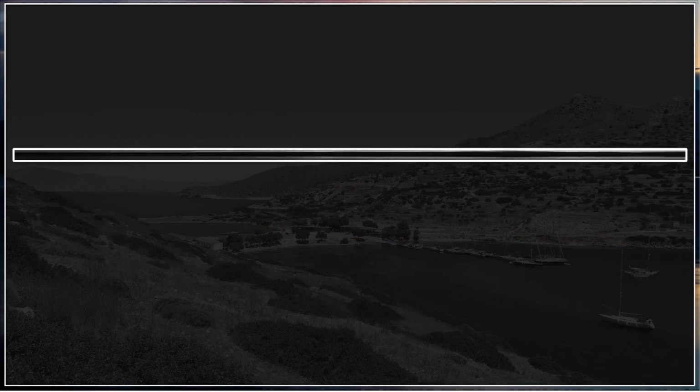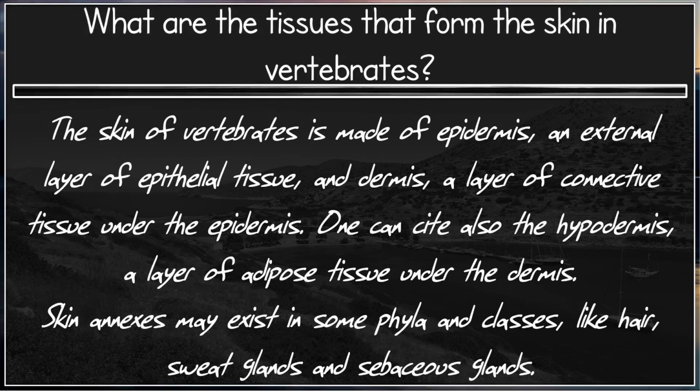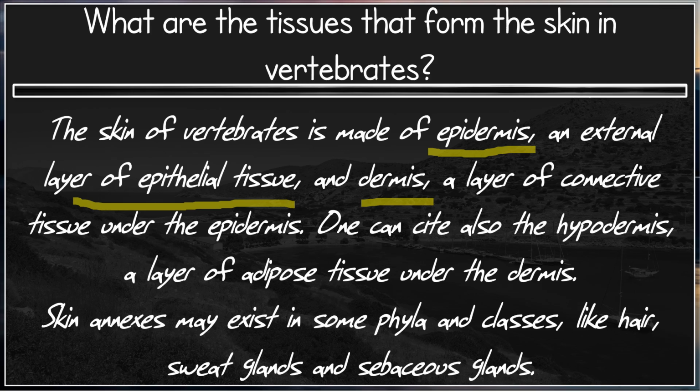What are the tissues that form the skin in the vertebrates? The skin of vertebrates is made up of the epidermis, an external layer of epithelial tissue, and the dermis, a layer of connective tissue.